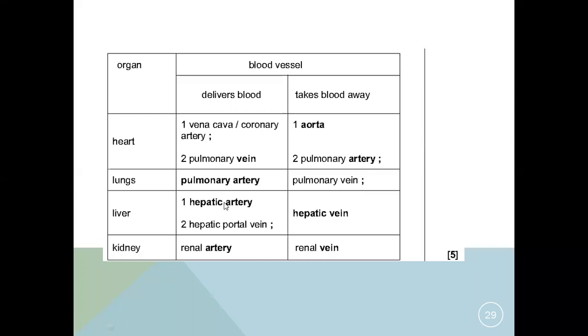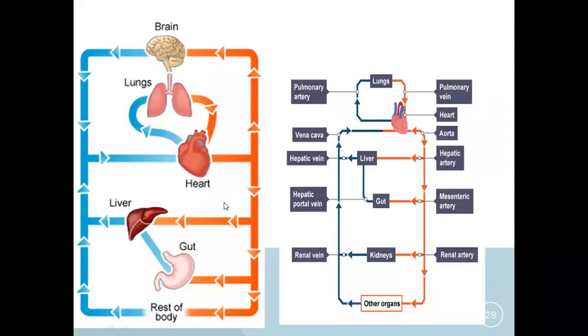The hepatic artery delivers blood to the liver. Come toward this picture, this one is the hepatic artery. Look here, the hepatic artery is bringing oxygenated blood to the liver. While the other one is bringing blood from the gut to the liver, so this blood vessel is the hepatic portal vein, right?